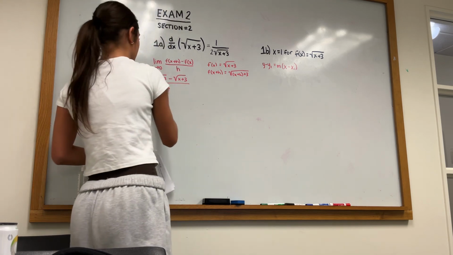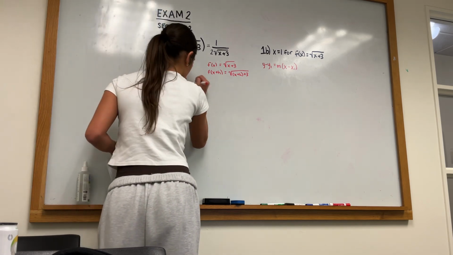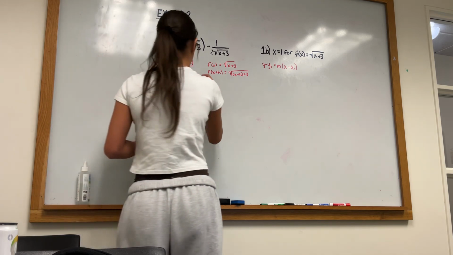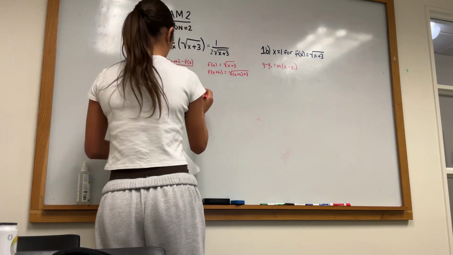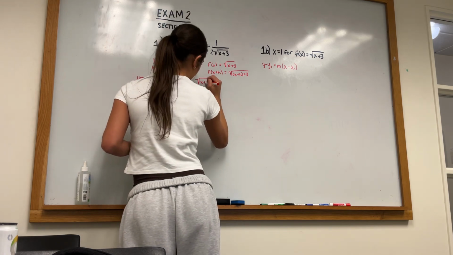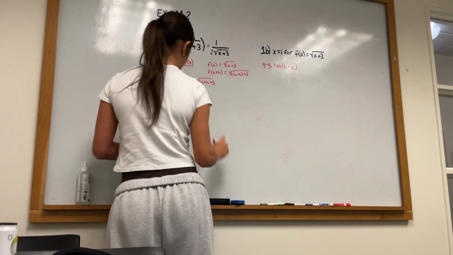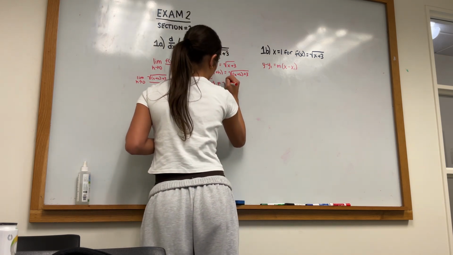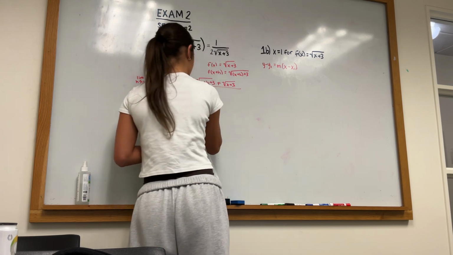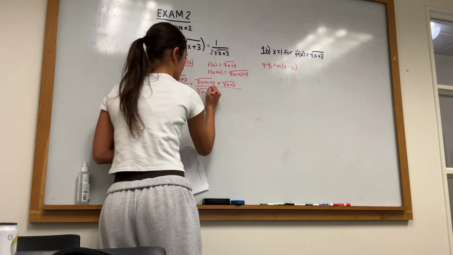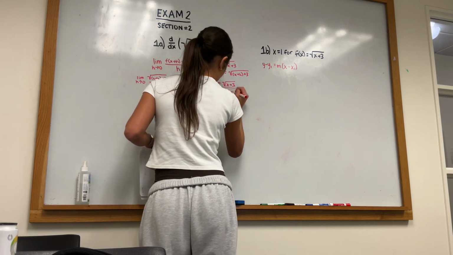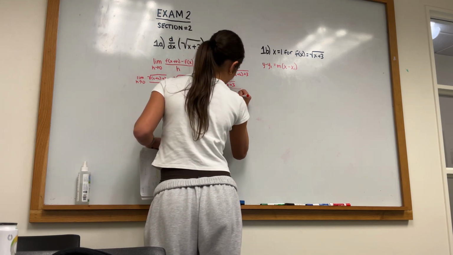And then we want values to cancel, so we're going to multiply this, but with a positive to cancel it out. So then it'll be multiplied by square root x plus h plus 3, but this time it'll be plus the square root of x plus 3, and then it'll be the exact same thing on the bottom, x plus h plus 3 plus the square root of x plus 3.